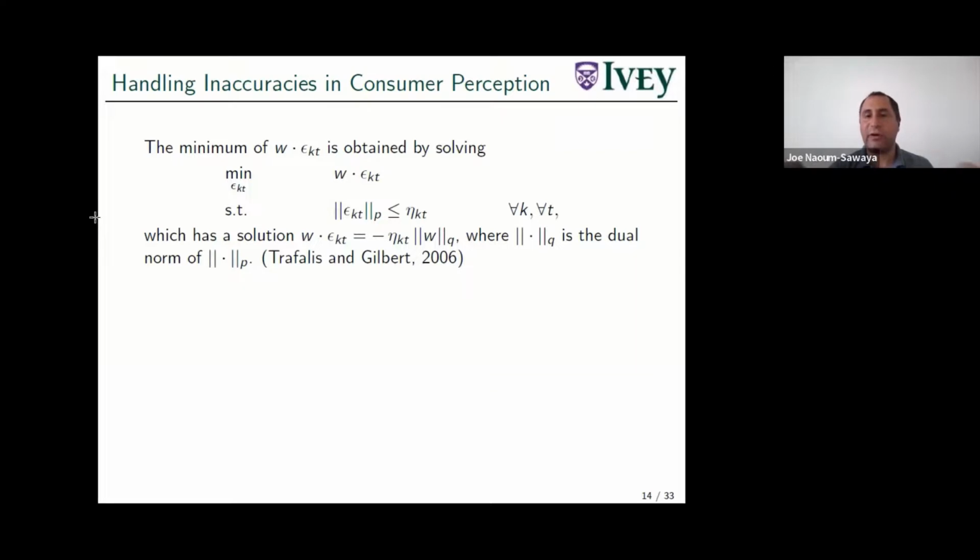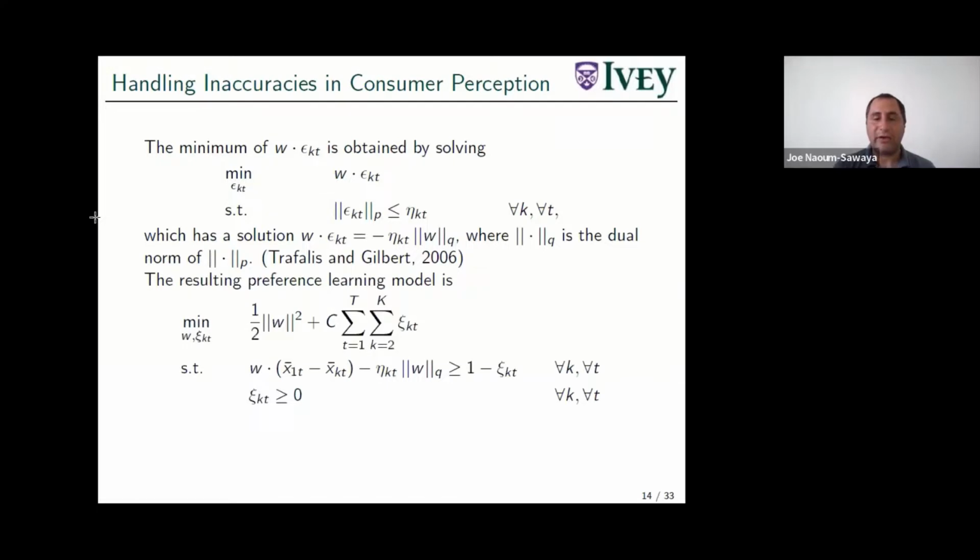And there is a closed form for that optimization problem where this dot product has a certain value. So in fact, I can rewrite my optimization model with this additional term, which offers me some slack, basically, that accounts for the bounded errors to offer more robustness.